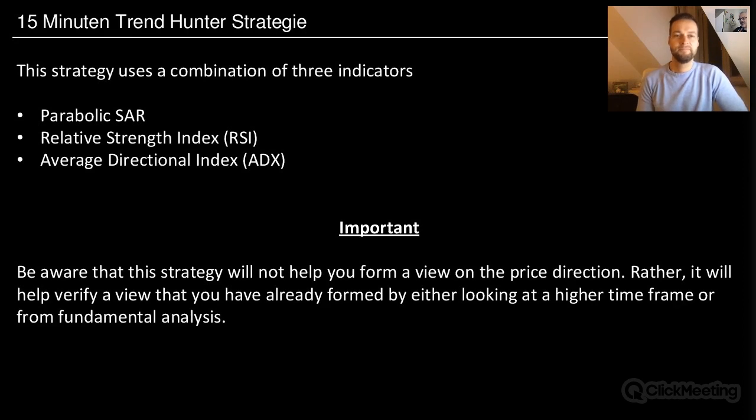Be aware that this strategy will not help you form a view on the price direction. Rather, it will help verify a view that you have already formed, either by looking at a higher time frame or from fundamental analysis.